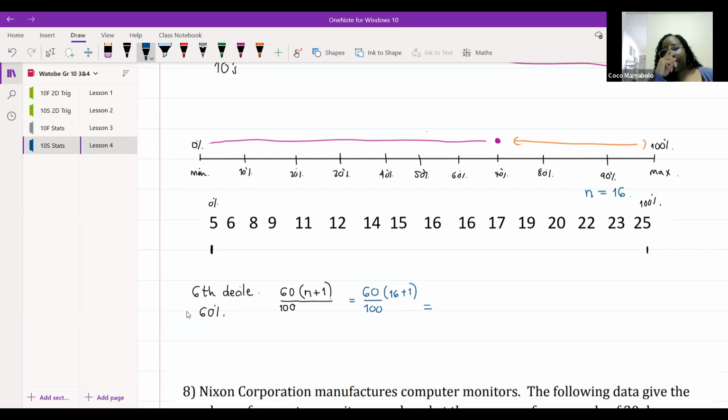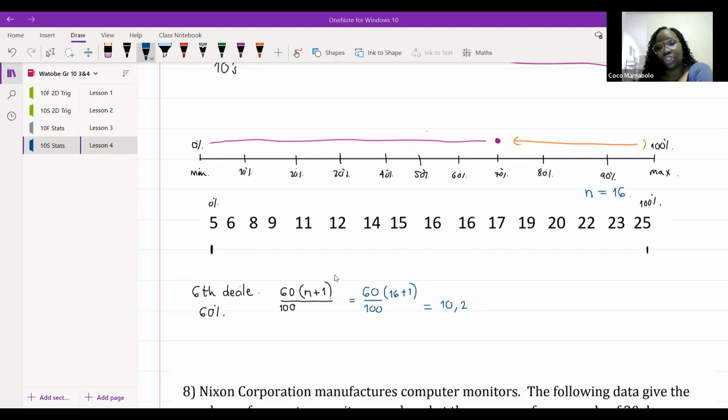I get 10.2. I hope everybody else is also getting 10.2. But remember, guys, this 10.2 is not the number. What is this 10.2 actually telling us? Good, beautiful. It's the position.